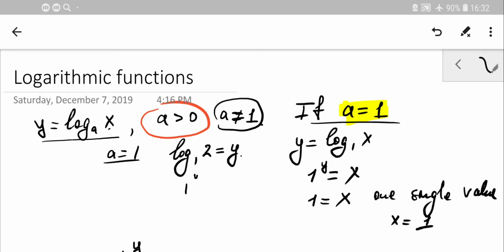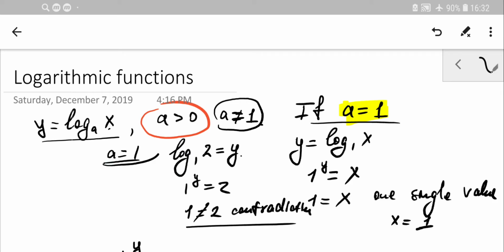We get 1 to the power of y equals 2. In this case, the left side is 1, because 1 to any power is always 1, so 1 equals 2. So it's incorrect, that's a contradiction, actually. Hence, we never say that a can take the value of 1.